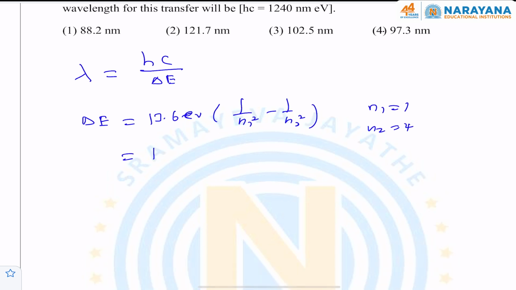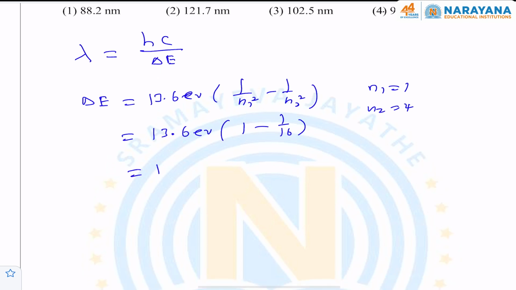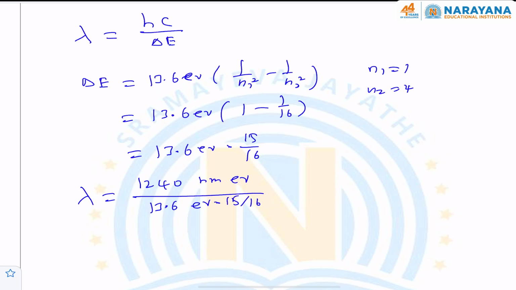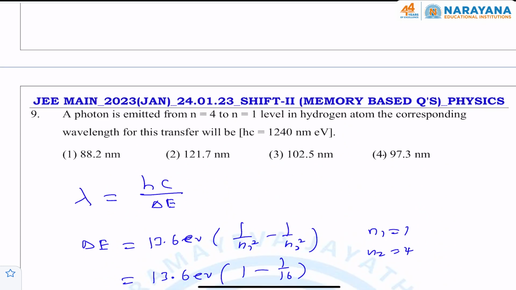Substituting these values, it is 13.6 electron volt into 1 minus 1 by 16, which is 13.6 eV into 15 by 16. Now the value of lambda, hc given as 1240 nanometer electron volt, by 13.6 electron volt into 15 by 16. After calculations, it comes out to be 97.3 nanometer. It is given with option 4.